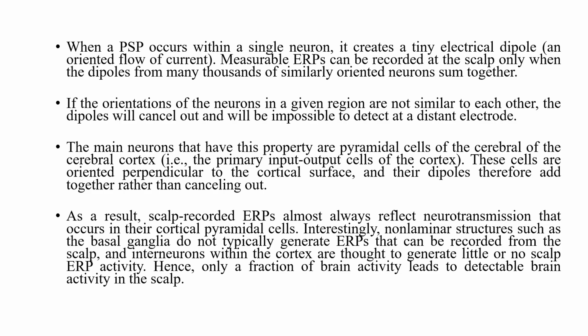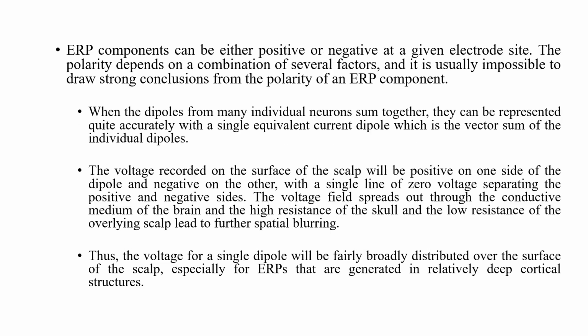As a result, scalp recorded ERPs almost always reflect the neurotransmission that occurs in the cortical pyramidal cells. Non-laminar structures such as the basal ganglia do not typically generate ERPs that can be recorded from the scalp, and interneurons within the cortex are thought to generate little to no scalp ERP activity. So, only a fraction of brain activity actually leads to detectable ERP activity at the scalp.